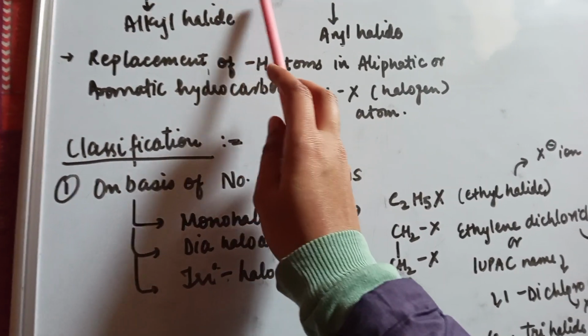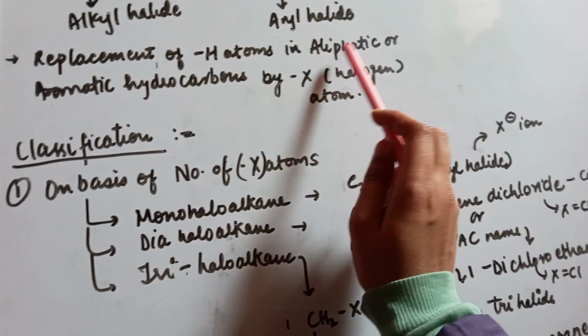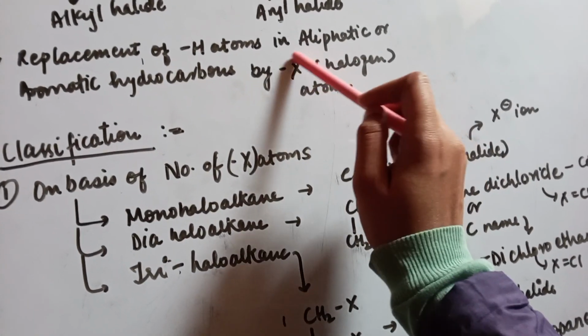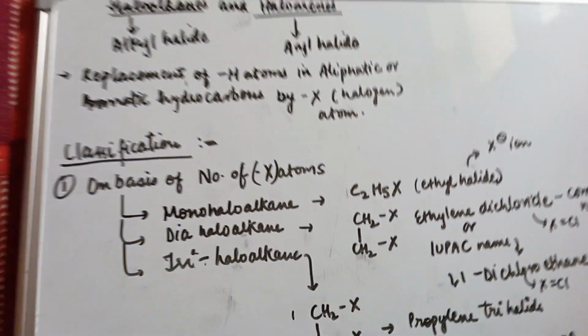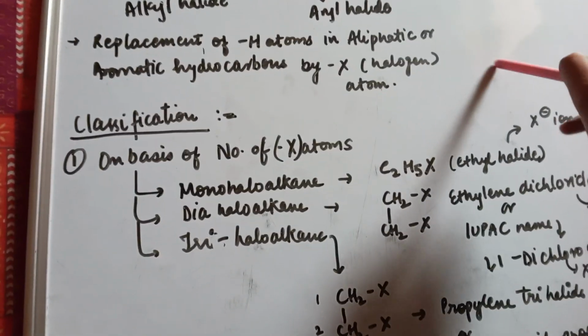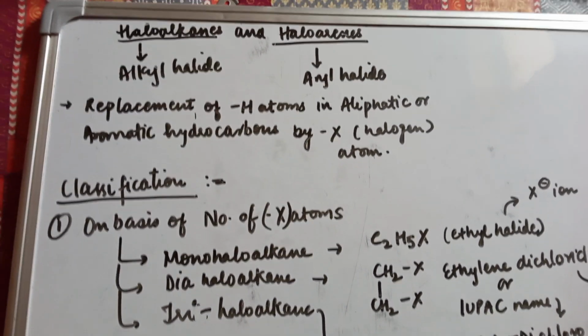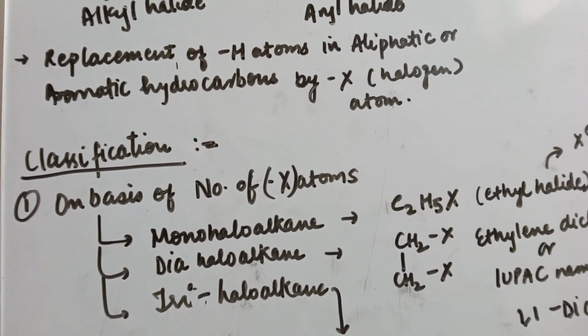So how are these formed? Replacement of a hydrogen atom in aliphatic or aromatic hydrocarbons by an X atom. X is a symbol used to indicate the halogen atoms. This is basically the definition of the terms haloalkanes and haloarenes. The replacement of an H atom in aliphatic hydrocarbons gives haloalkanes.